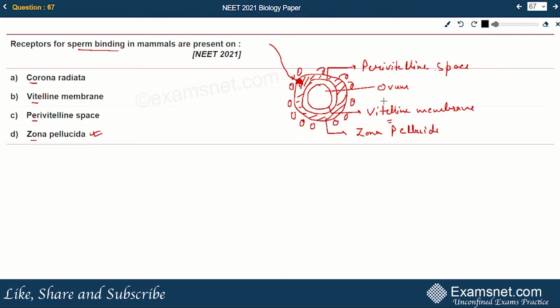These are radially arranged cells, the cells of membrana granulosa, and they are known as corona radiata. So we know that zona pellucida is the correct option here.